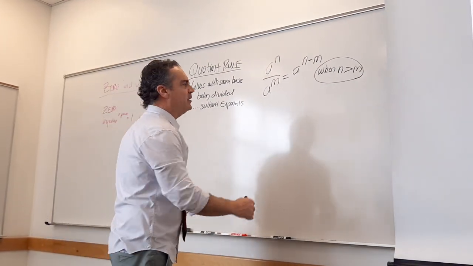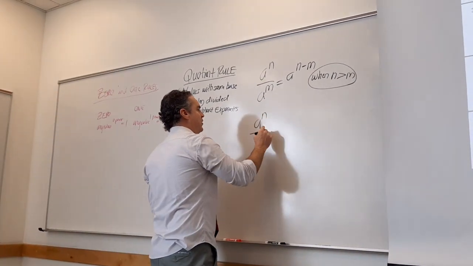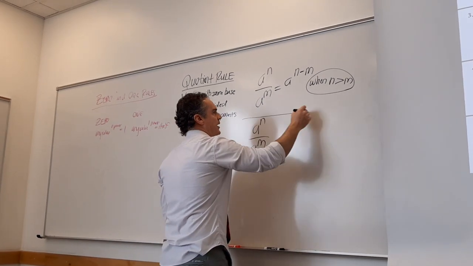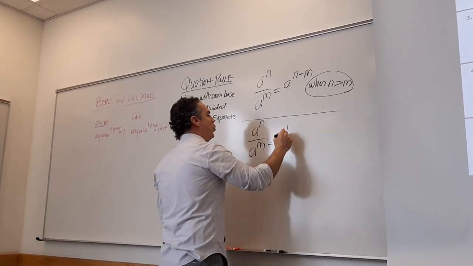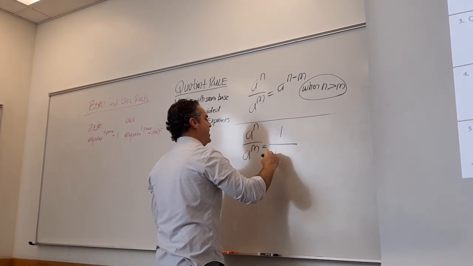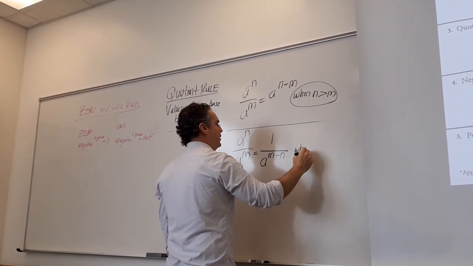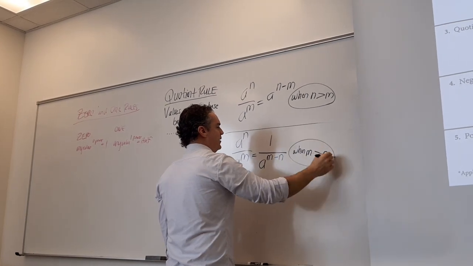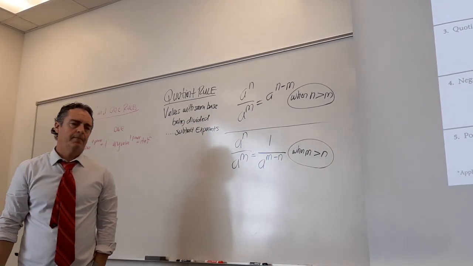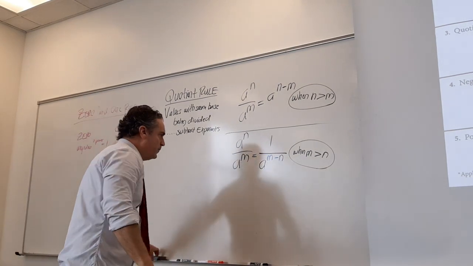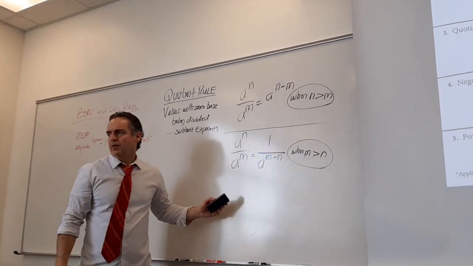So what do we write on the bottom? It says a to the n over a to the m, and we have it again with a line here, equals 1 over a to the m minus n when m is greater than n. Okay? What does that tell us? Why do we put when m is greater than n?